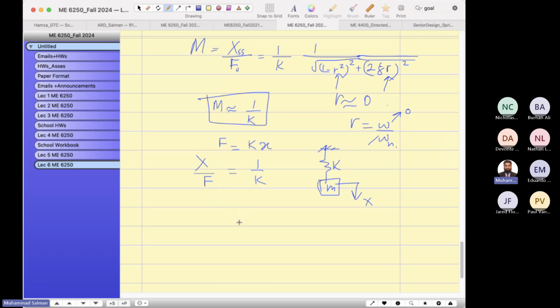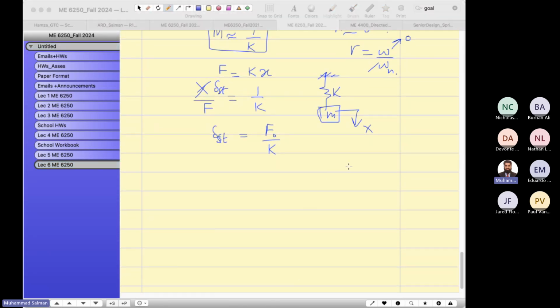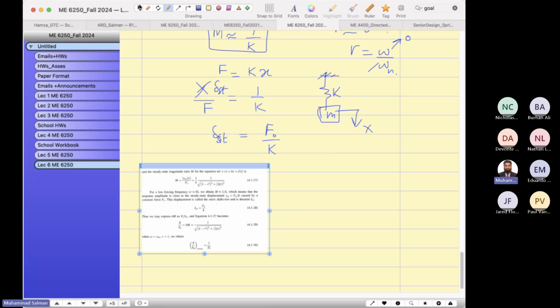I can write it as the steady state displacement, or static deflection, which is F naught over k. This is just a rearrangement. I want to show you the book, cut and paste here, how they derived this formulation.